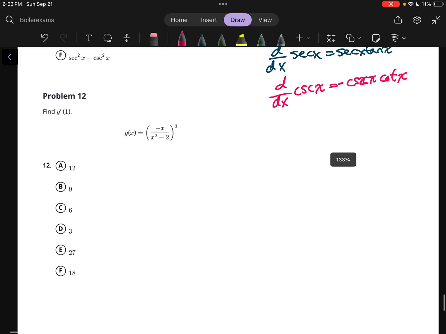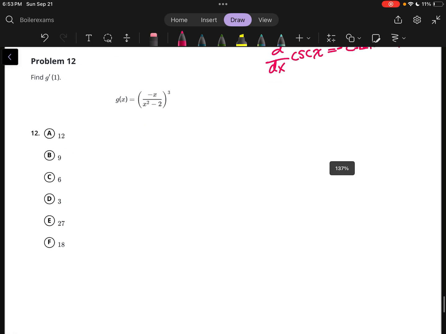Okay, moving on to question 12. Question 12 says find g prime of 1. So g of x is equal to negative x divided by x squared minus 2, all to the power of 3. What's unique here is that we have multiple functions nested inside each other.